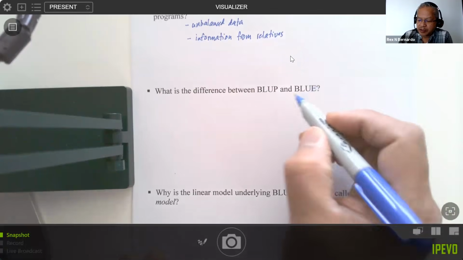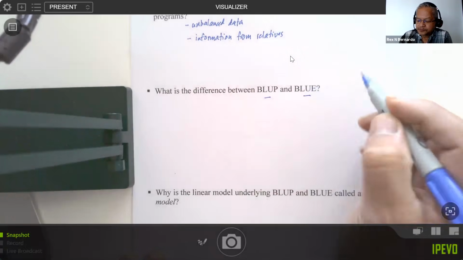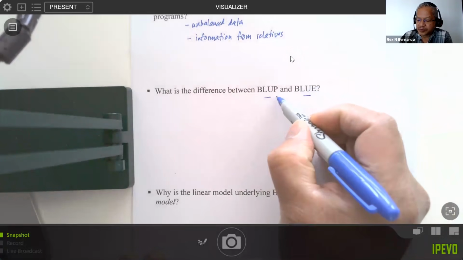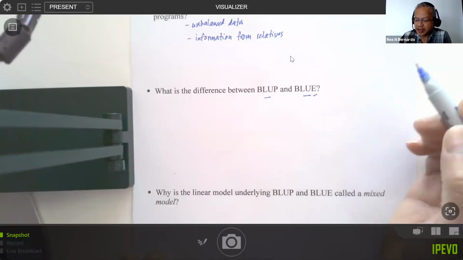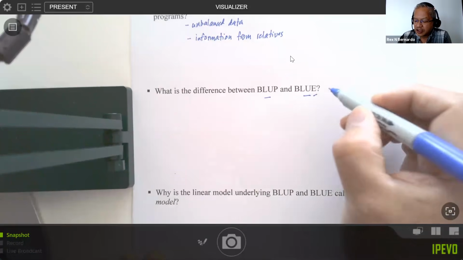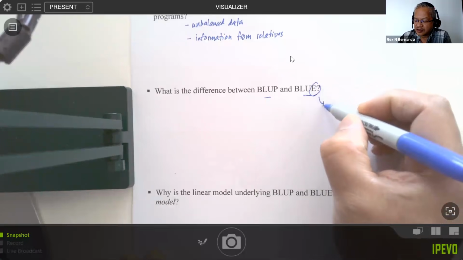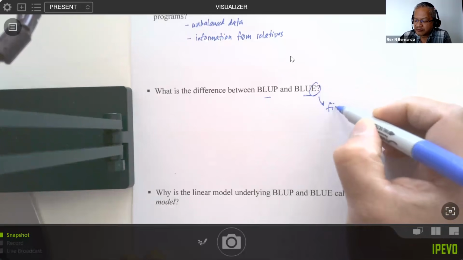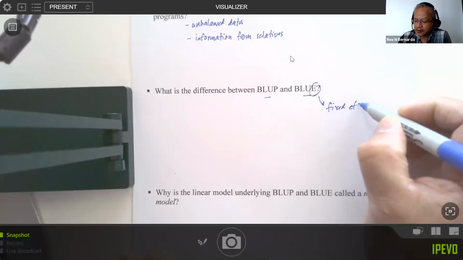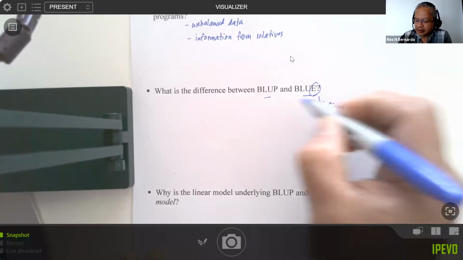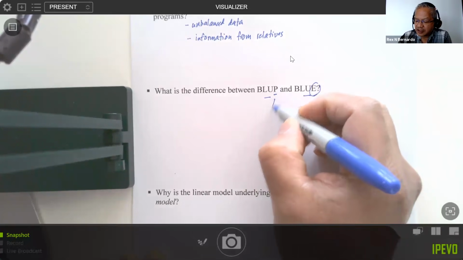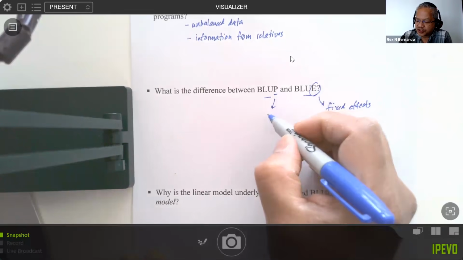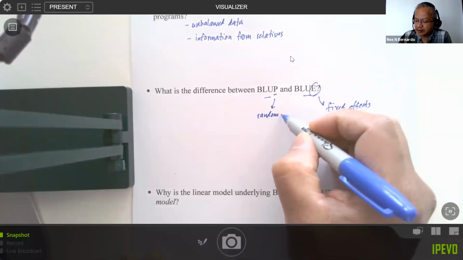And when we talk about BLUP, we also talk about BLUE, best linear unbiased estimation. In estimation, these are for fixed effects. So we create a linear model and some effects would be fixed and some would be random, whereas prediction would be for random effects.